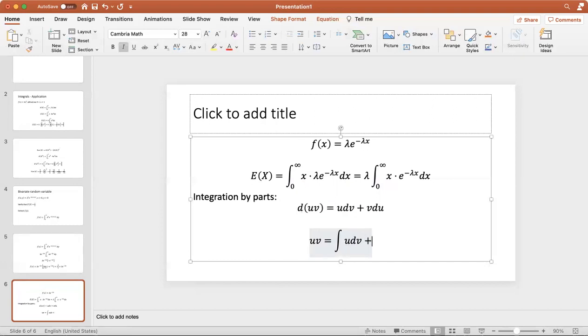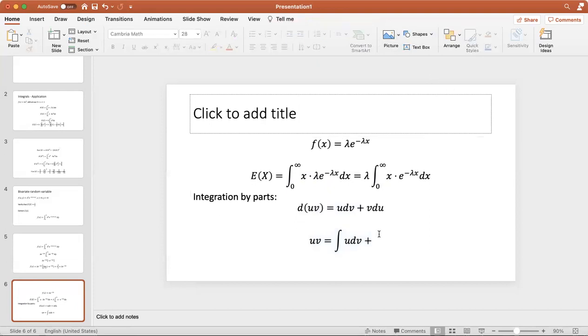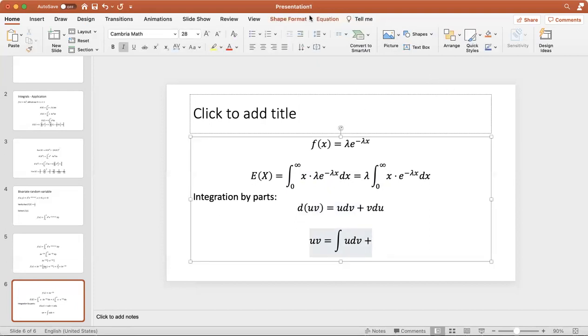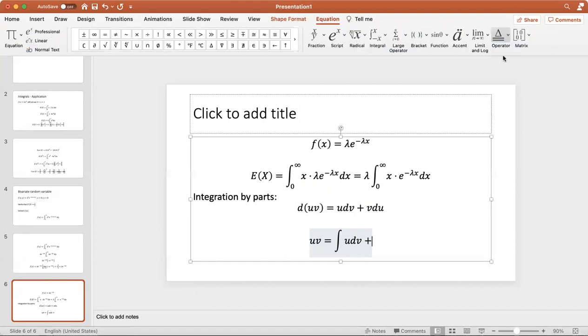plus the integral of v du. This is actually useful when you try to solve for integrals. It's useful to write this down. Now it's your choice, it's actually a matter of preference, where you assign x in the second part, which is e negative lambda x dx.